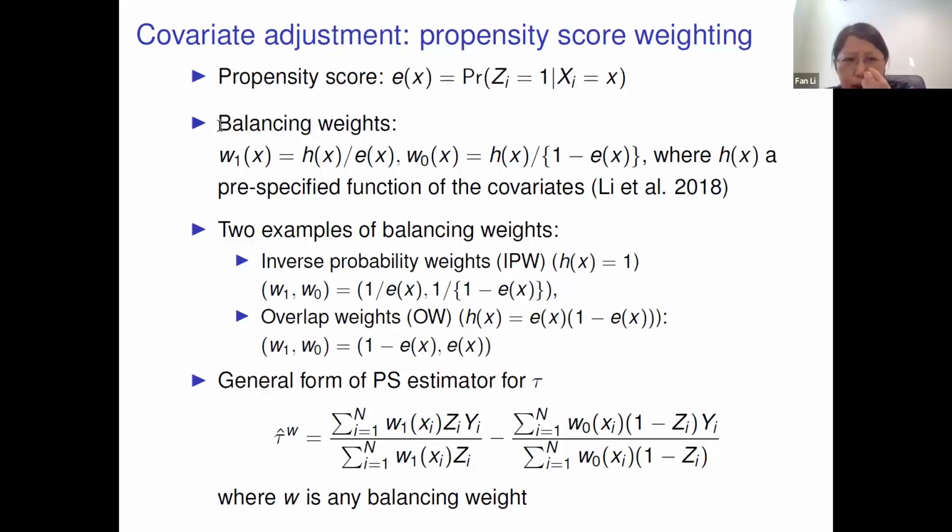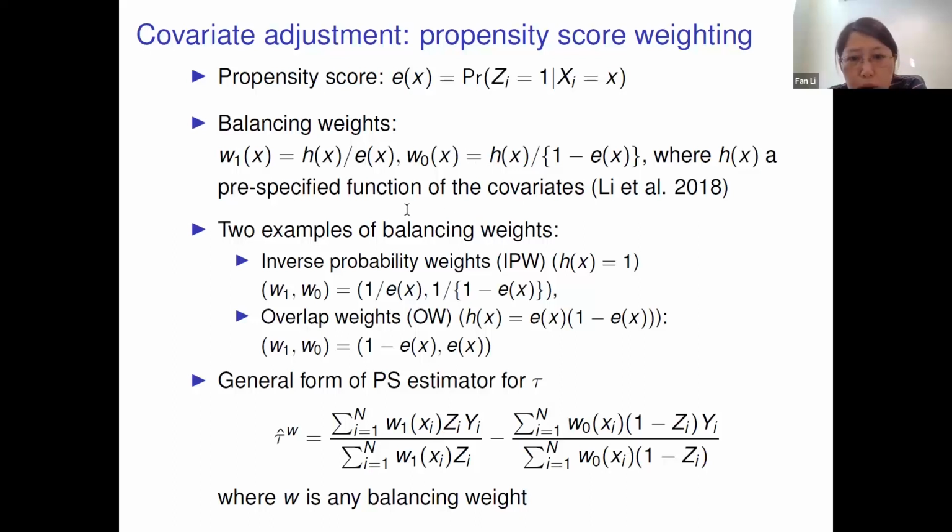Then, once we have the propensity score, we can define something called balancing weights. What are balancing weights? For the treatment group, the weight is h(X) divided by e(X), and for the control group it is h(X) divided by 1 minus e(X), where h is a pre-specified function of the covariates. Any such weights are called balancing weights.